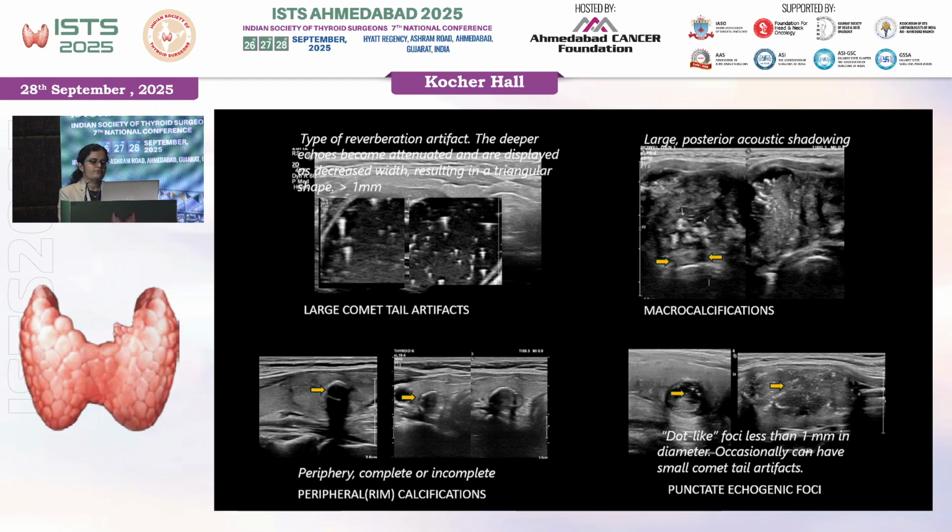Punctate echogenic foci. Again, this is the category which receives the highest 3 points in this, and it is very important to correctly assign these categories. So these are dot-like foci less than 1 millimeter in diameter, but they may occasionally have small comet tail artifacts, and that's why it's very important to differentiate from the benign large comet tail artifacts.